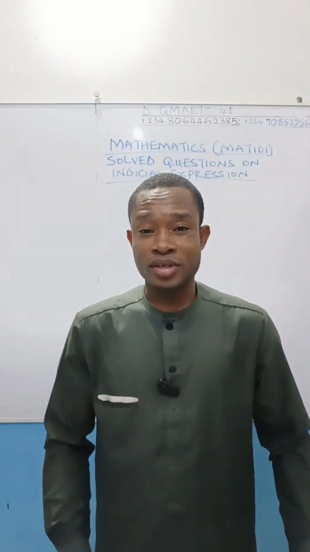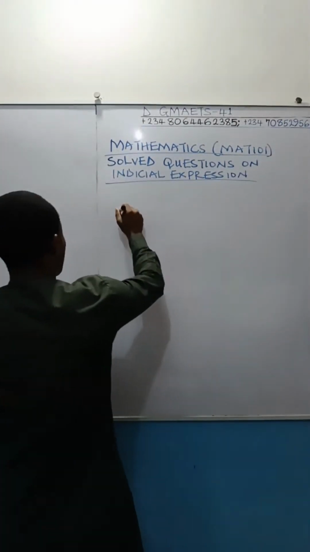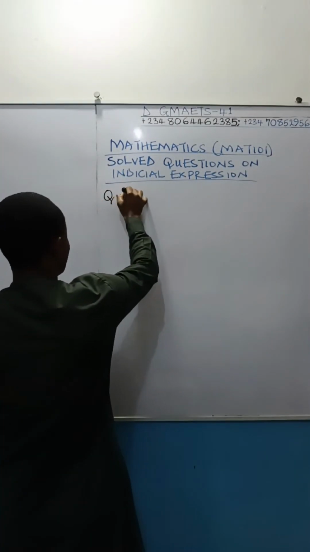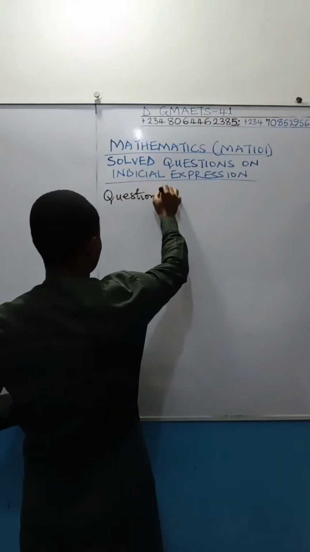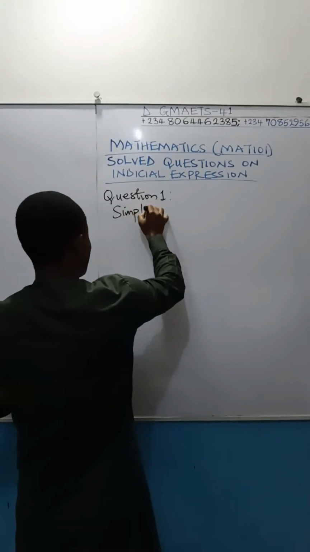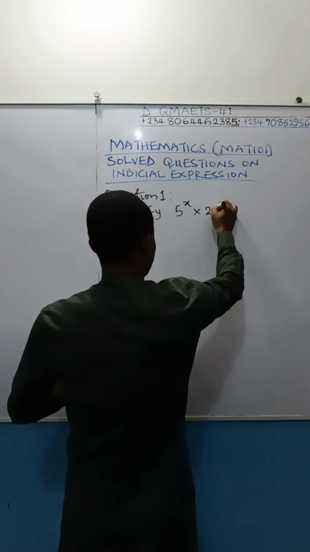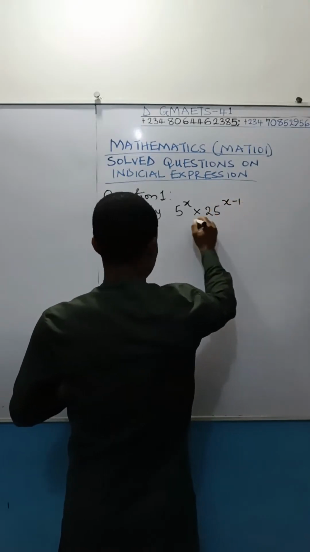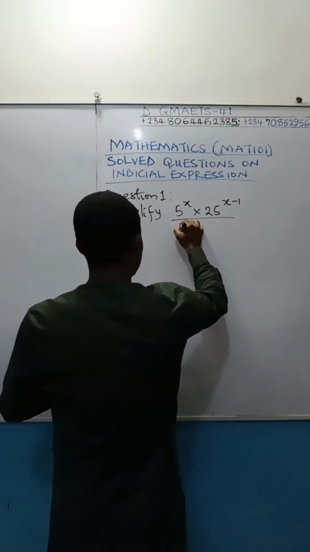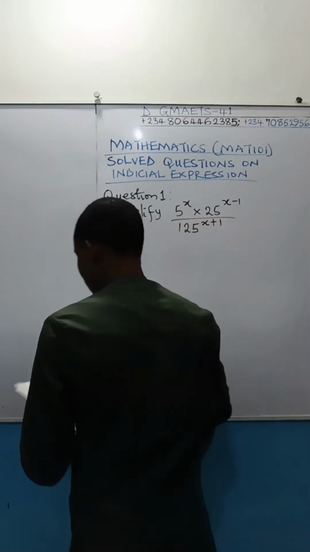Let us get to business. We have our very first question here. Question 1: Simplify 5 to the power of x times 25 raised to the power of x minus 1, all over 125 raised to the power of x plus 1.